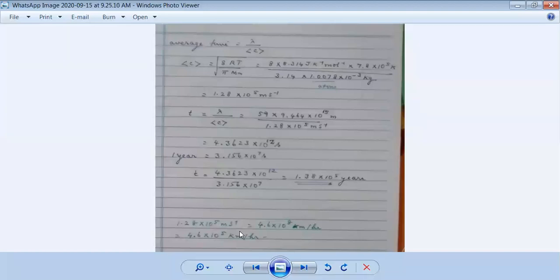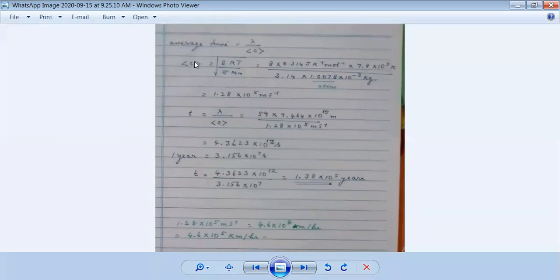That is what we are going to calculate. Look here, the average time taken for the next collision, I can write, is the mean free path divided by average velocity. So mean free path divided by average velocity will give you the actual time passed between two successive collisions.